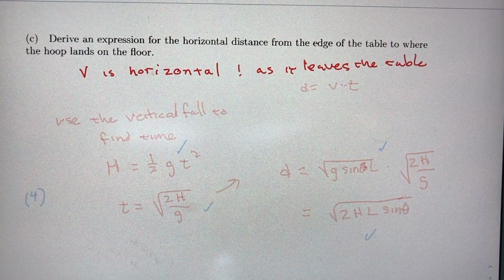So d is v times t, and we know that v is the square root of g sine theta L. So let's just figure out the time.